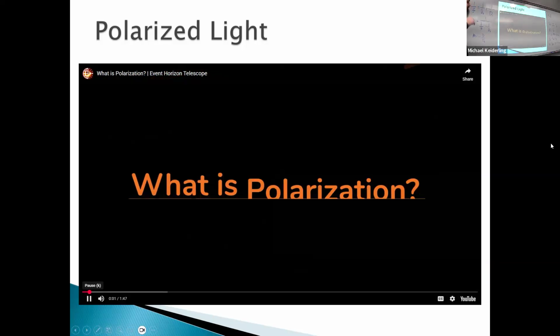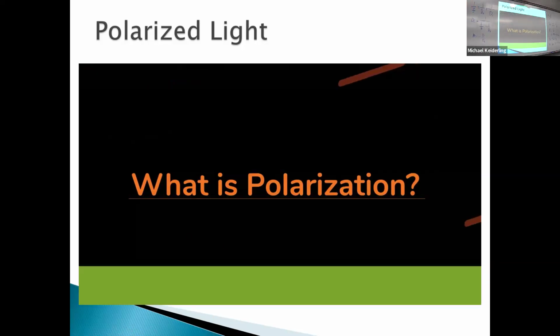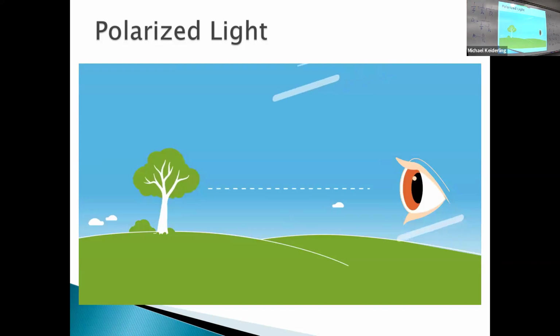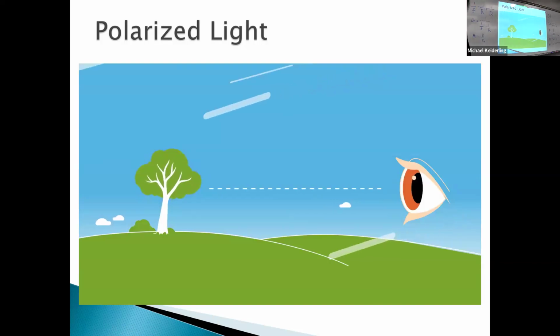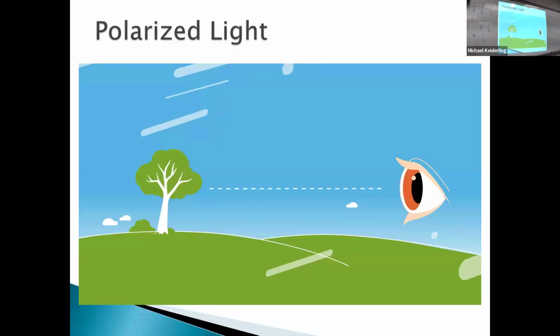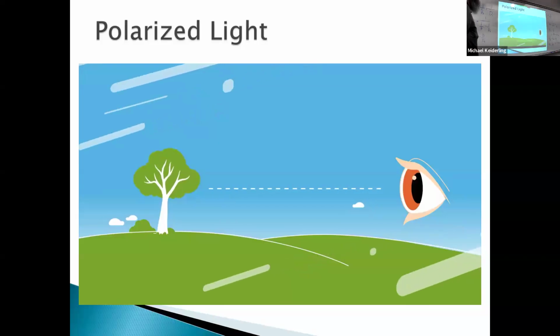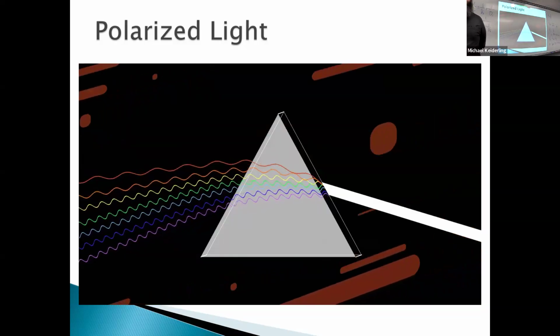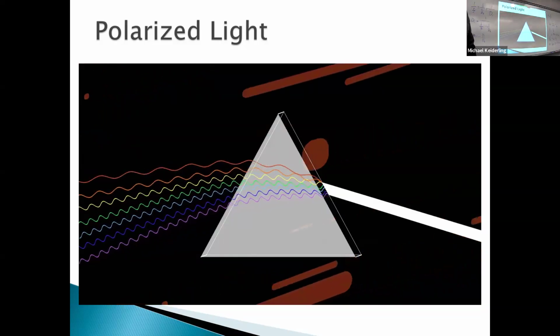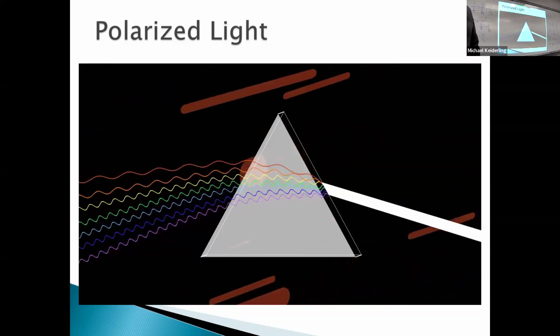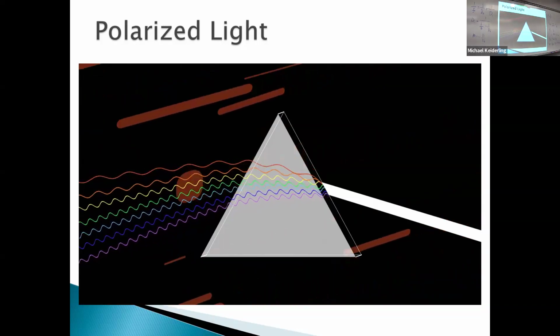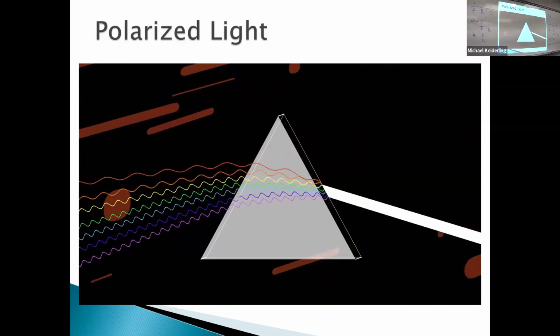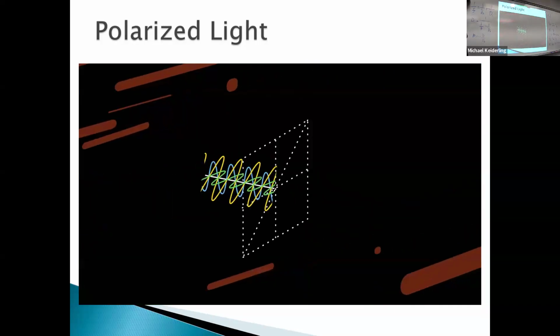What is polarization? Light bouncing off objects allows us to see them. Light is an oscillating electromagnetic wave. We see different frequencies of that oscillation as different colors. The electric field component of a light wave can oscillate in any direction perpendicular to the direction of travel. Light from the sun oscillates in all directions.